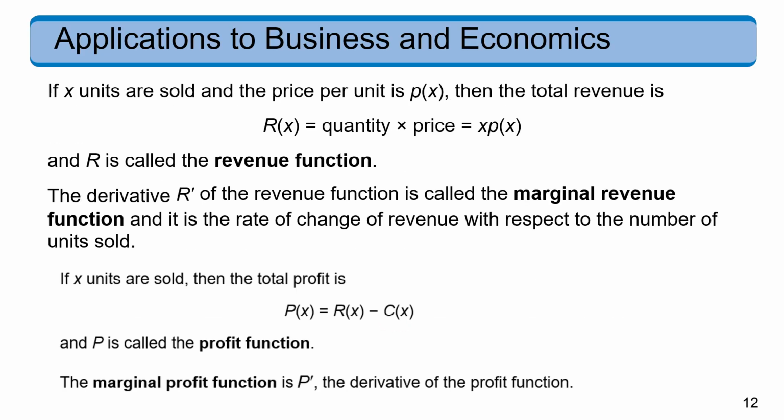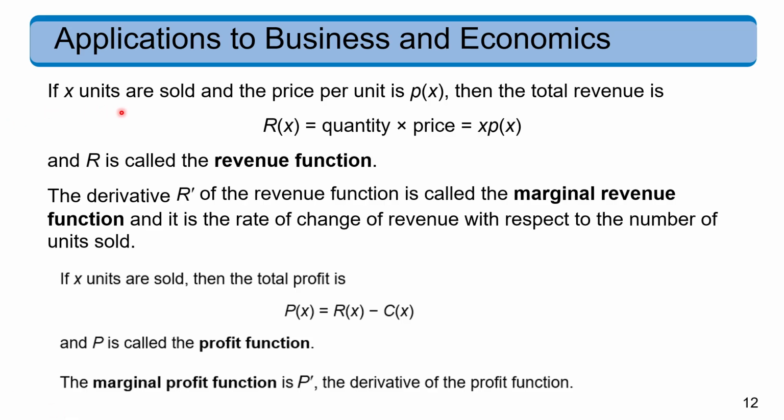Next, we can talk about revenue. So revenue is the amount of money brought in from the sales. It has nothing to do with the costs of manufacturing the items. So let's think about how we could calculate revenue, the amount of money brought in.